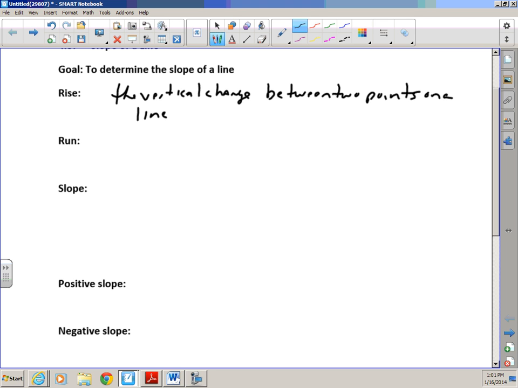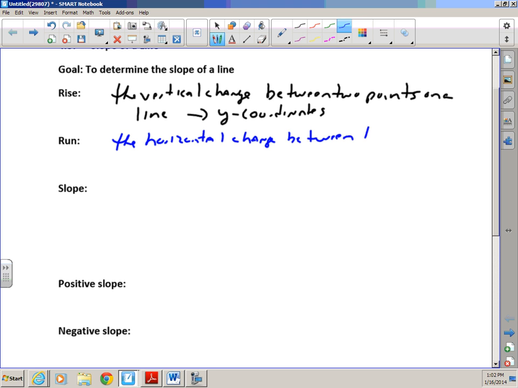So if it's rise and it's vertical, we're dealing with the y coordinates. Run is the horizontal change between 2 points on a line, which obviously means that we're then dealing with the x coordinates.